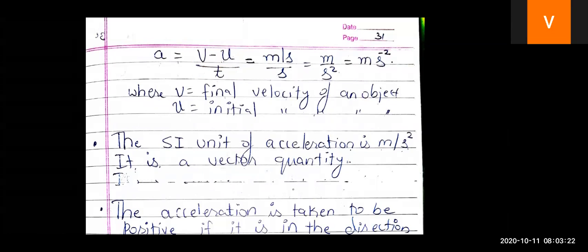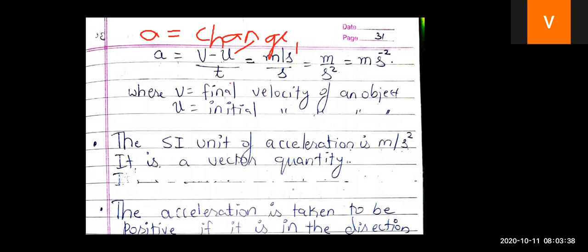So it is v minus u by t, right? Acceleration is what? a equals change in velocity upon time taken. So final velocity is v, initial velocity is u, upon time is your acceleration.